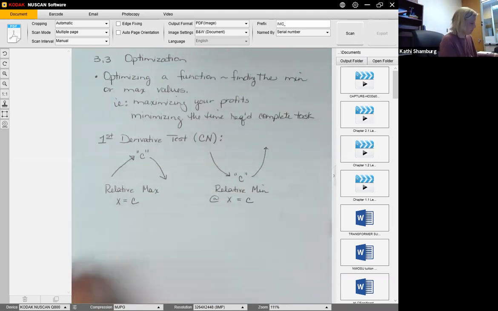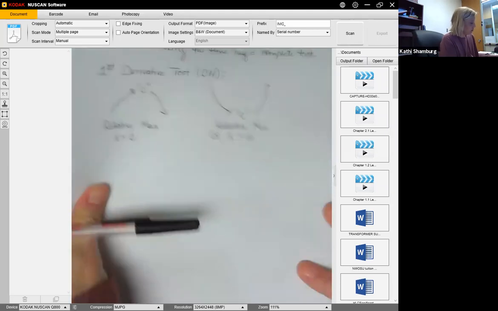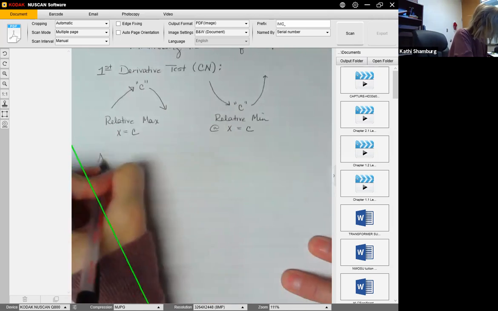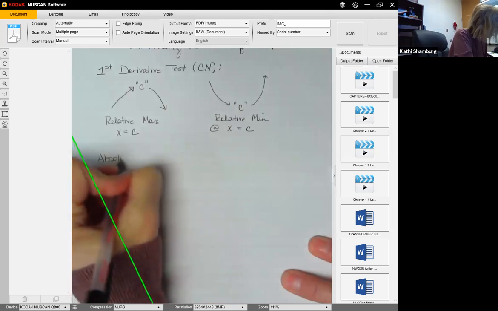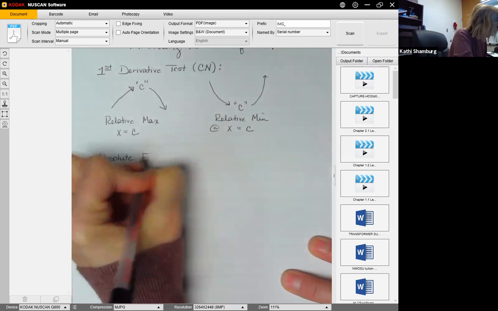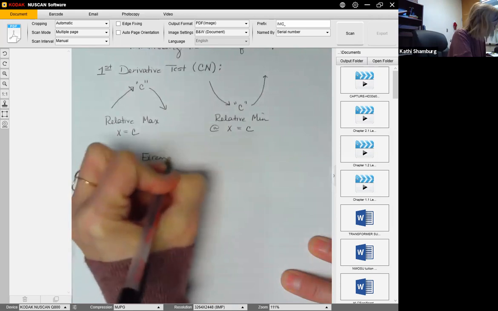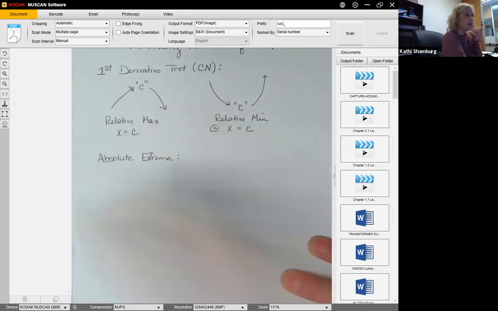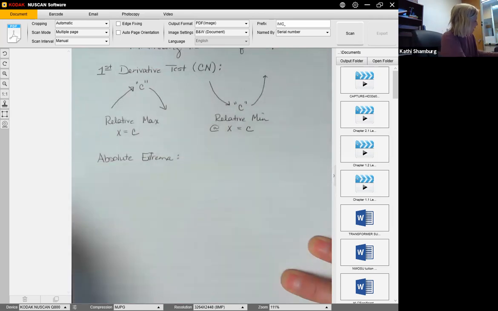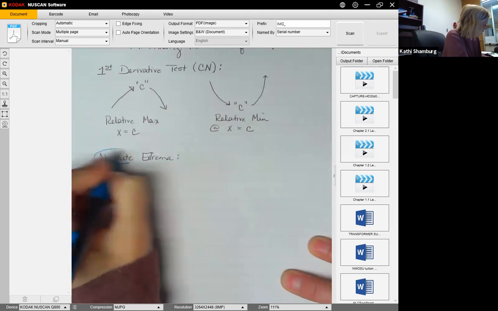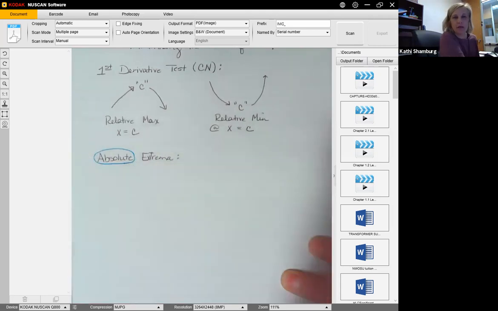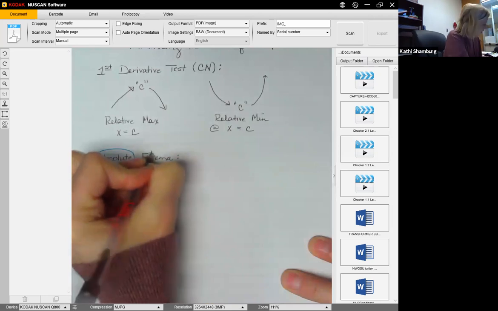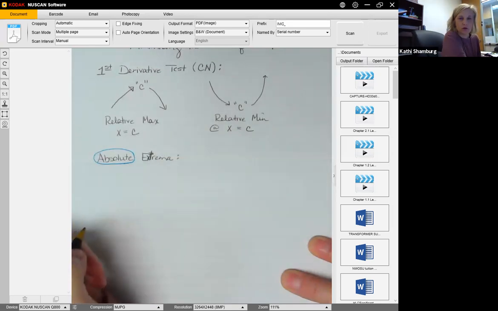So we've done that. What we're going to add to today is what is called absolute extrema. Need a T in there. Now, here's what's different. Instead of relative minimum and maximum, it is absolute extrema.